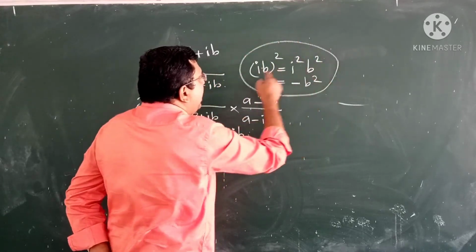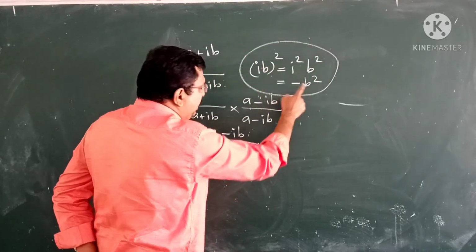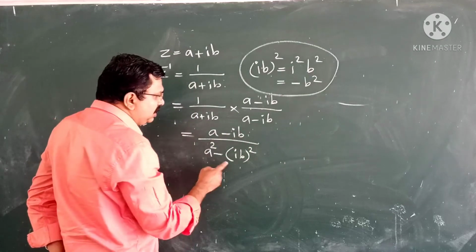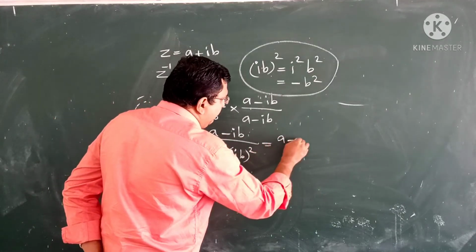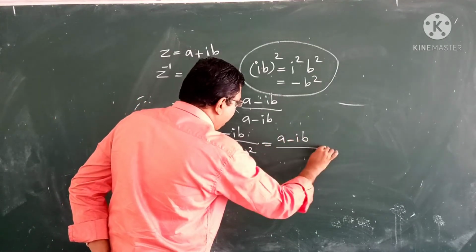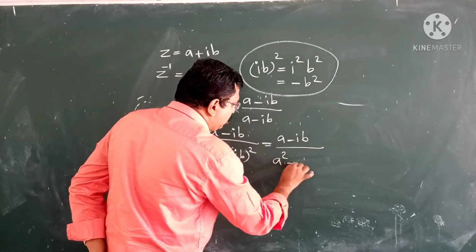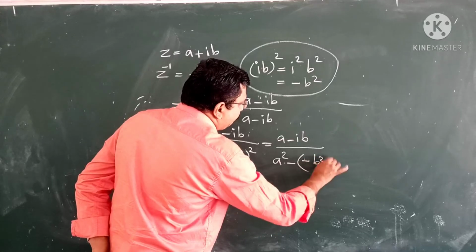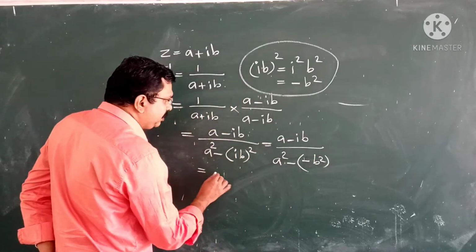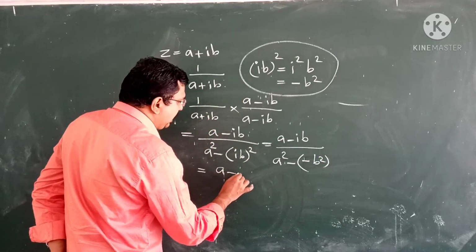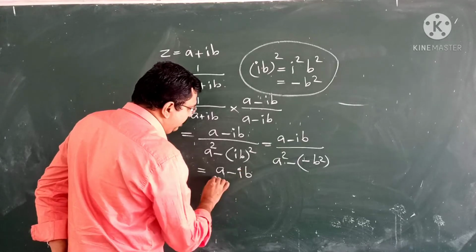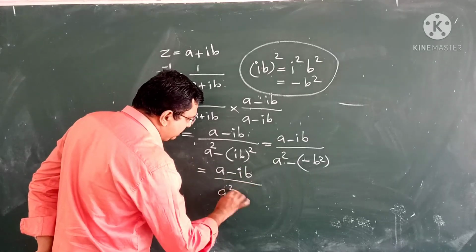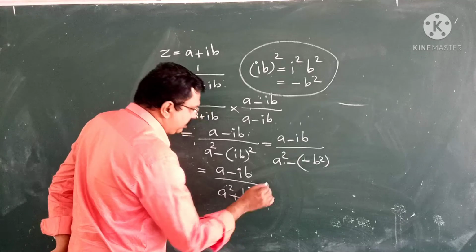Remember that (ib) the whole square is minus b square. Therefore, this will become (a minus ib) divided by (a square plus b square).